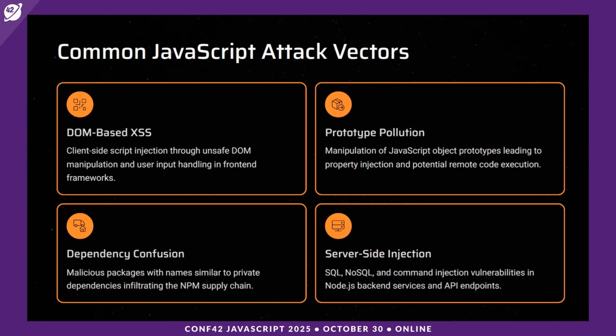As I said, common JavaScript attack vectors. If you consider DOM-based access, cross-site scripting, this is one of the major vulnerability attacks that our code base is facing. What does it mean?